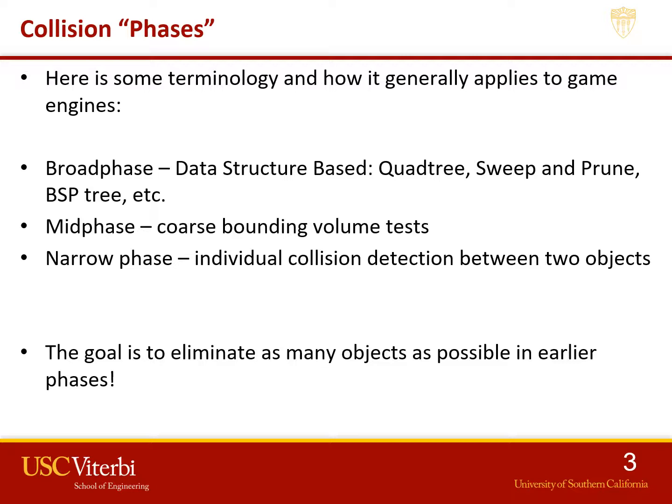And then maybe you would have a mid phase, where you've got some kind of coarse approximation of the shapes to see if there's any more chance that they touch, such as bounding spheres. And then you get to finally what we call the narrow phase, where you're doing the detailed collision tests between each individual object.